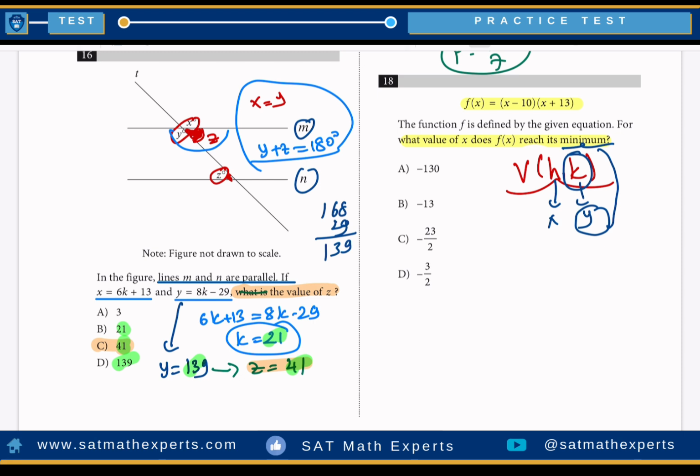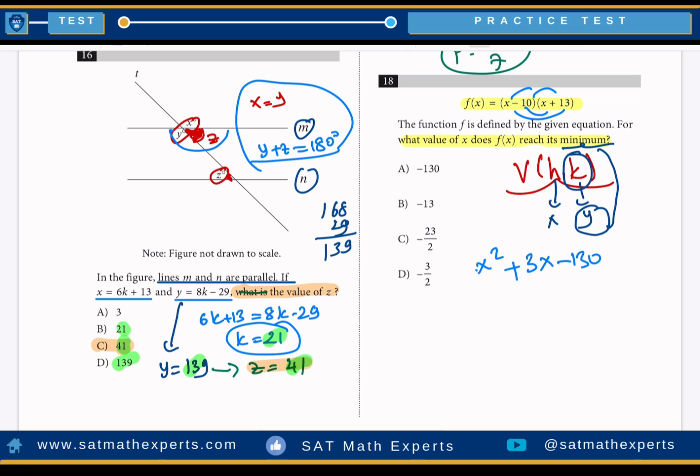So in this parabola, if you expand it using the FOIL method: first, outer, inner, last: x squared minus 10x plus 13x minus 3x plus 3x minus 130. Okay? Let me double check this one to make sure everything is okay.